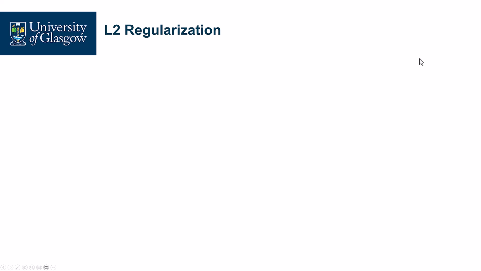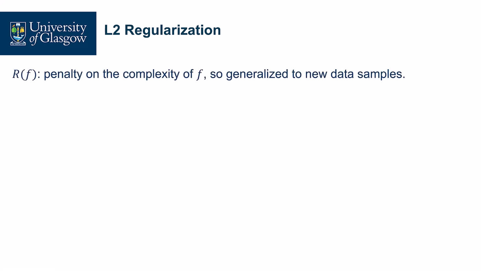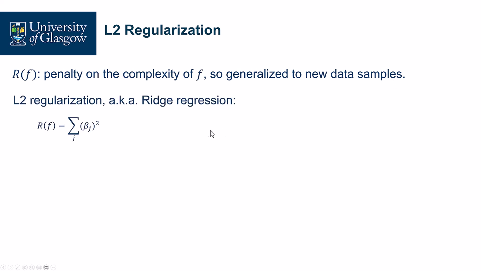Another one is L2 regularization. Still to penalize the complexity of the machine learning model, we use a different formula. We call L2 regularization ridge regression. Instead of summing the absolute values of all the model parameter coefficients, here we sum the square of them.